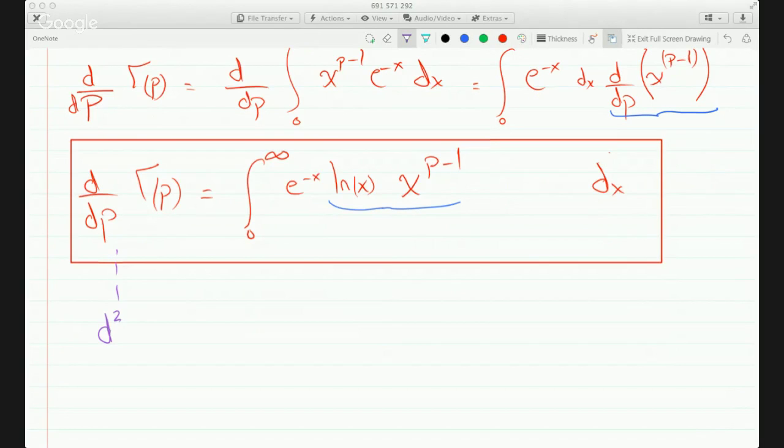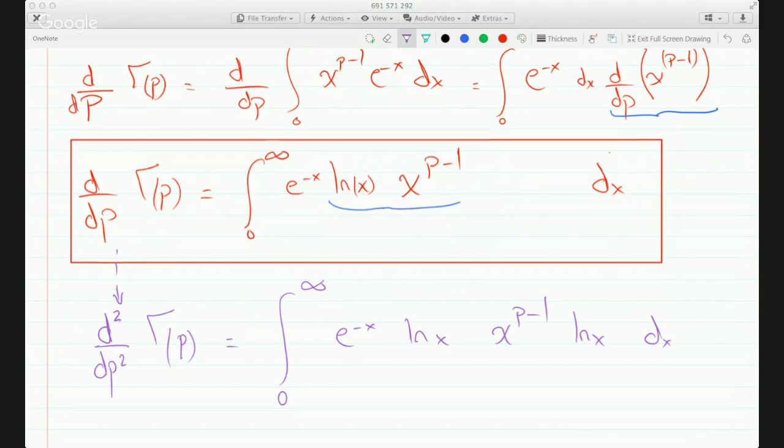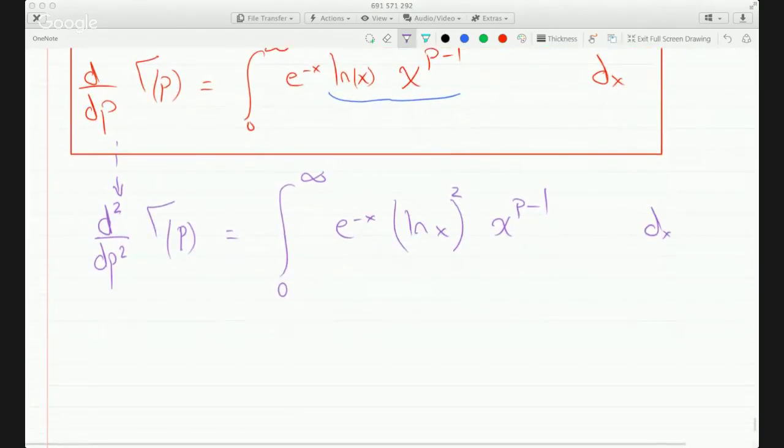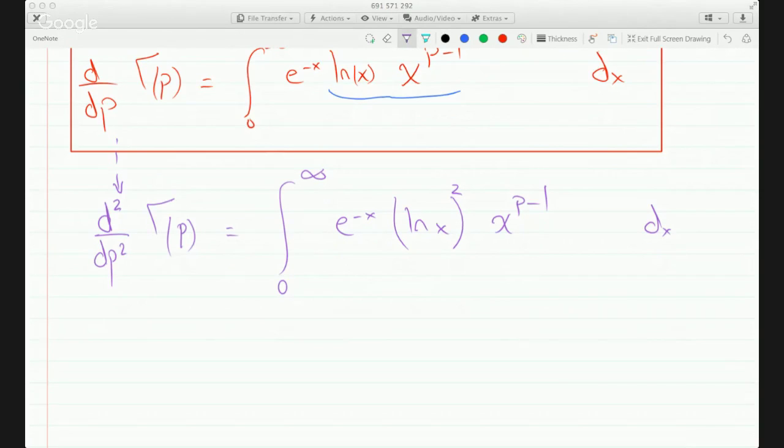If you were to take the second derivative, if you repeat that same process one more time, you're going to get e to the minus x, and the derivative of x to the p minus 1 with respect to p will be x to the p minus 1 times another ln x dx. So I could just move this and make this square. And then if I take the third derivative, I'm going to get ln x cubed.